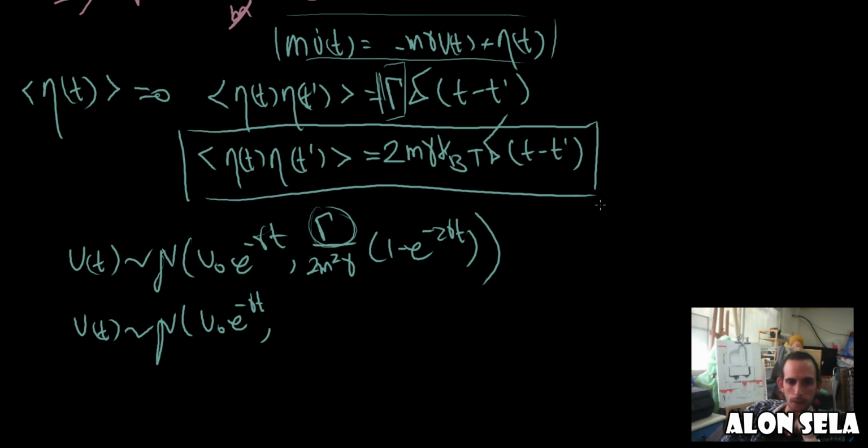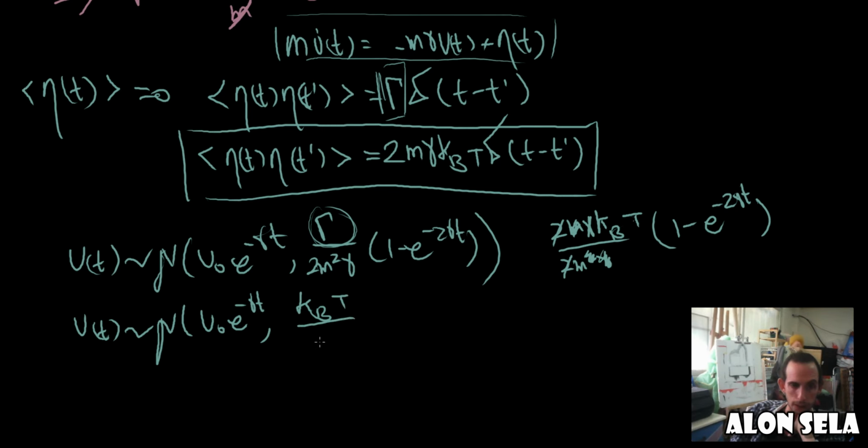Instead of Gamma, we put 2m gamma k Boltzmann T over 2m squared gamma times 1 minus e to the minus 2 gamma t, and now the gamma cancels with the gamma, the m here is cancelled with one of these, and we are left with k Boltzmann T over m times 1 minus e to the minus 2 gamma t, for this is the variance.